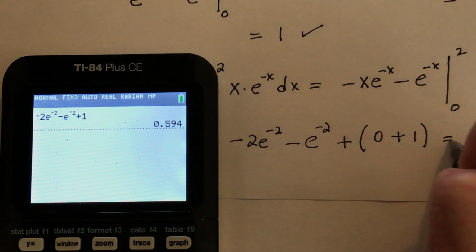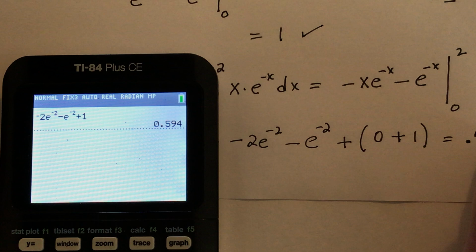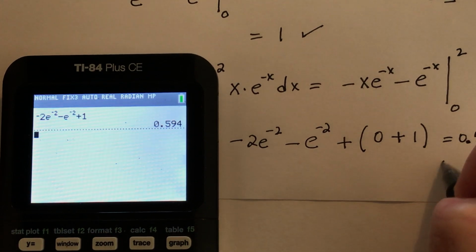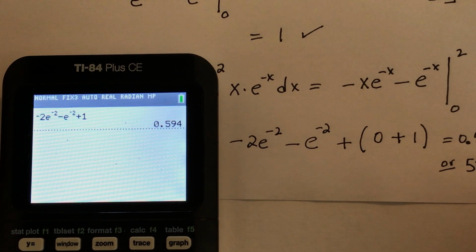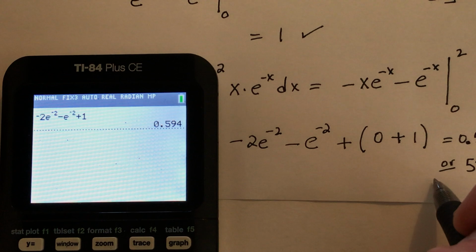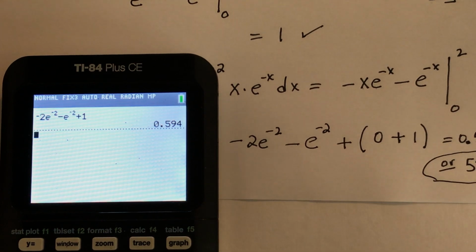So that means that it would be a 0.594 as a probability, and then probabilities can be changed to percent, multiplied by 100. So in other words, the probability that x would be less than 2 is going to be 59.4%.